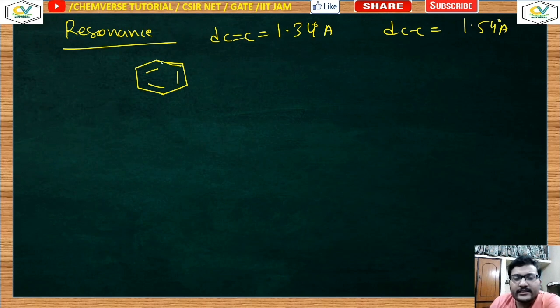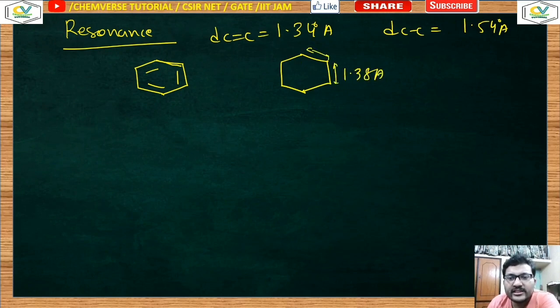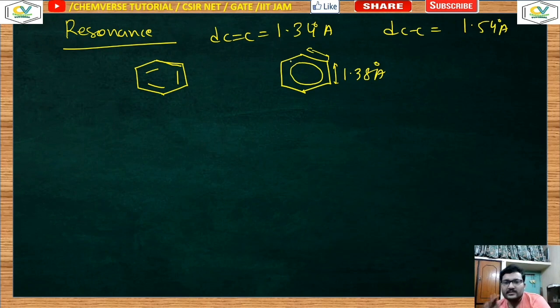So this could be reflected in this case, but in observation, what we see in reality is that all of these bond lengths are 1.38 angstrom, and this is how we write the benzene ring. So what is the significance of this circle and why is this happening? The answer is resonance.